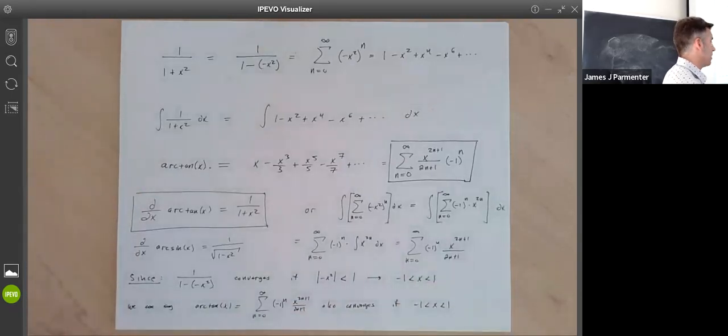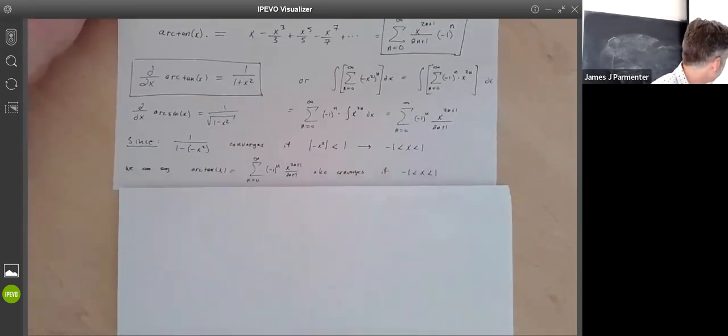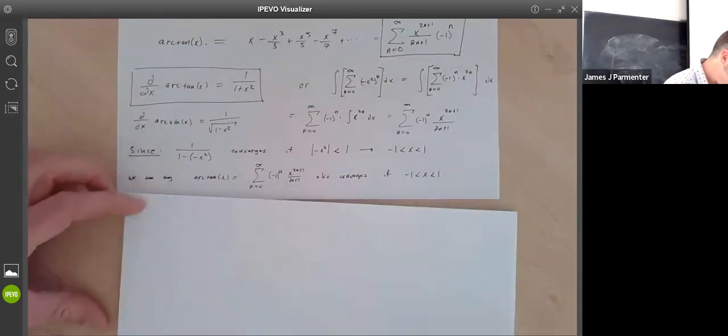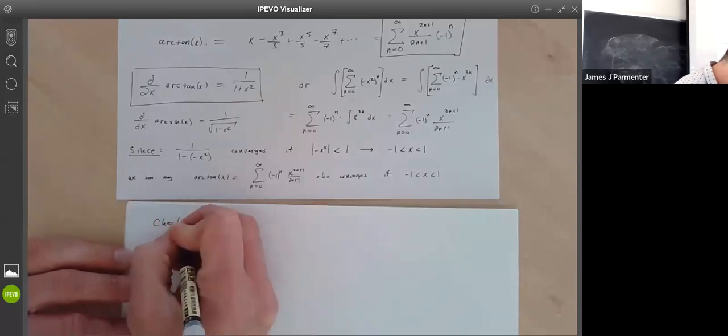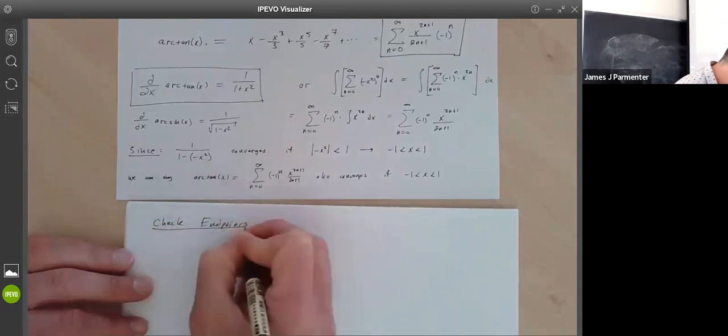But this is not geometric. So unlike a geometric series, we have to check the endpoints. We're going to have to check when x is equal to 1 and when x is equal to -1. So we check the endpoints. Let's see what we get.